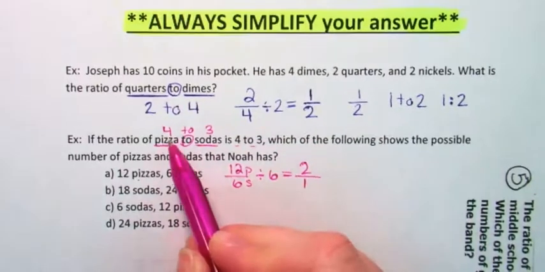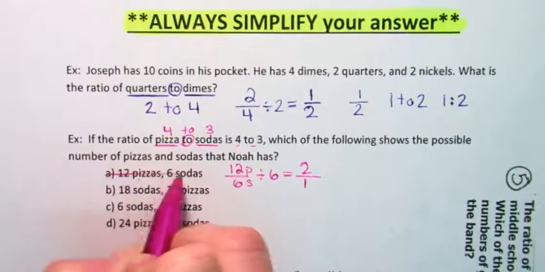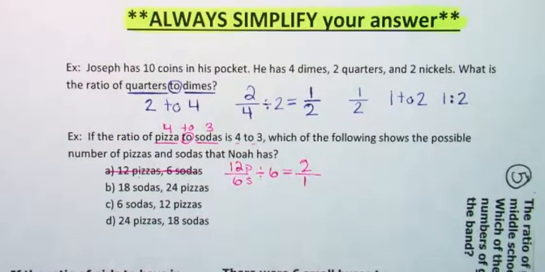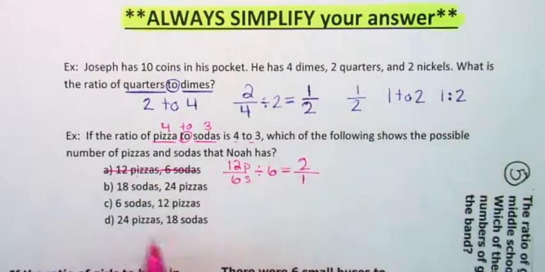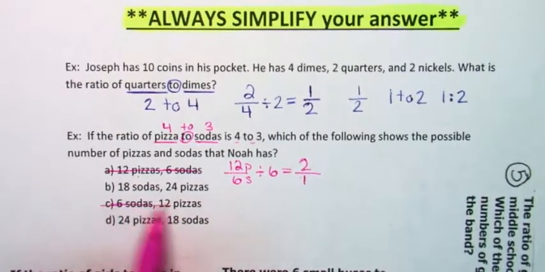So when it's simplified, it did not simplify to 4 to 3. So I know A cannot be an answer choice. If you're thinking ahead, we know that if 12 becomes a 2 and 6 becomes a 1, it doesn't matter what order they're in. Right here, still, not going to cut it.